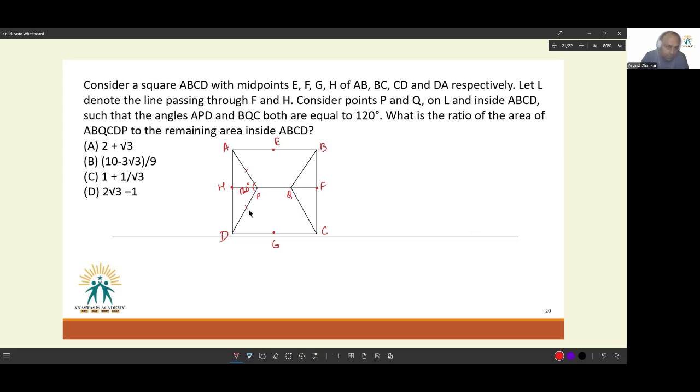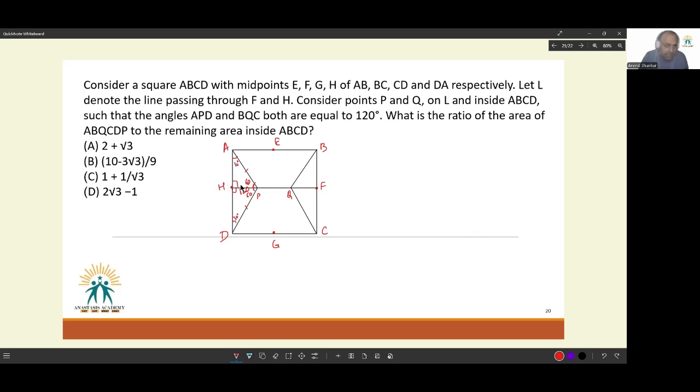These two side lines are equal. So this will be 30. This will be 30. This is an isosceles triangle. This is the median to the base. So this will be 60. This will be 60. This is 90. This is 90. And the same thing would happen on the other side.